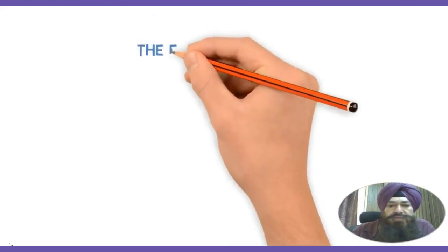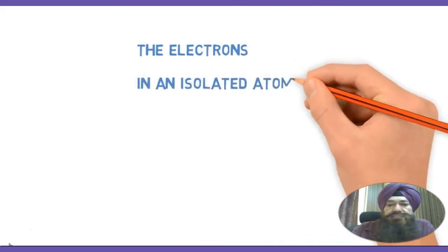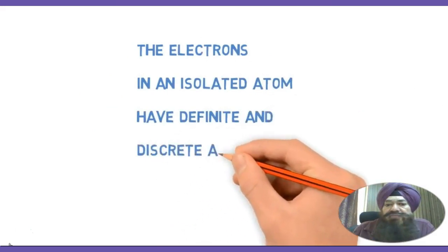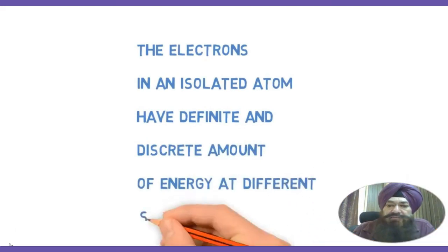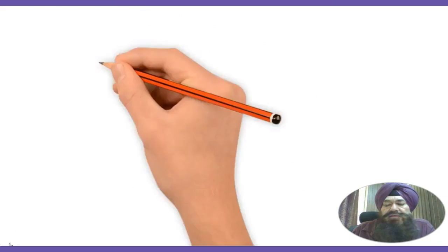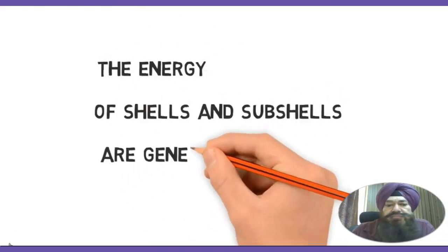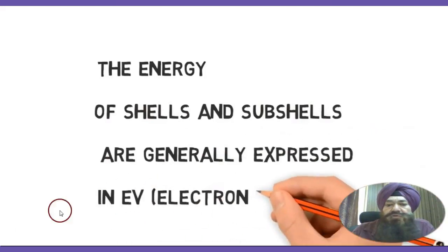The important facts: if the atom is isolated, then it has a definite and discrete amount of energy, and there is no splitting. The unit of energy is the electron volt.